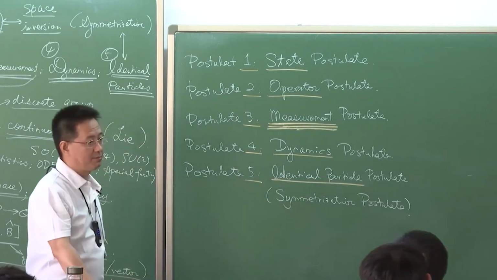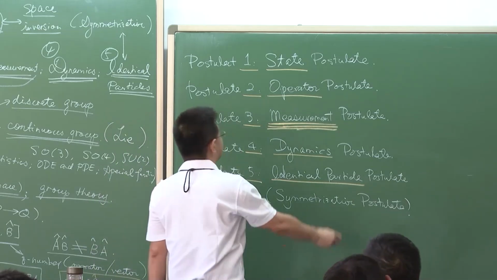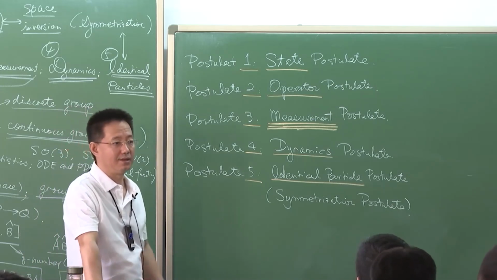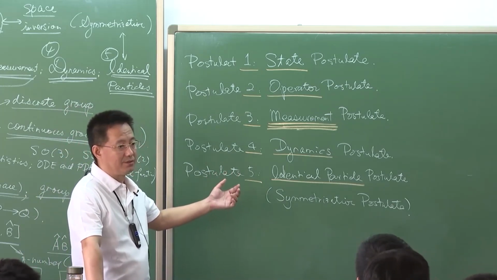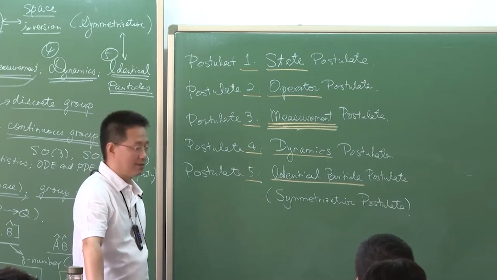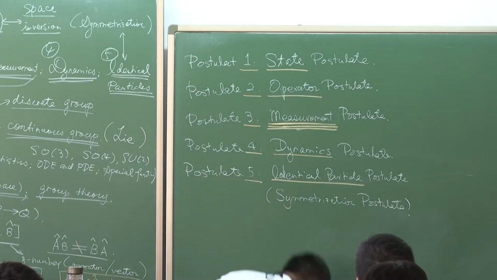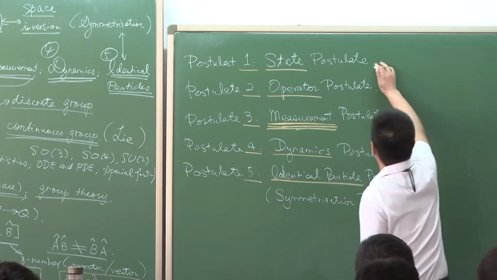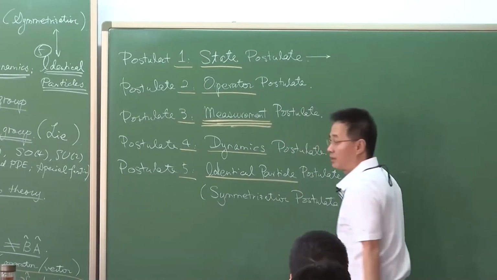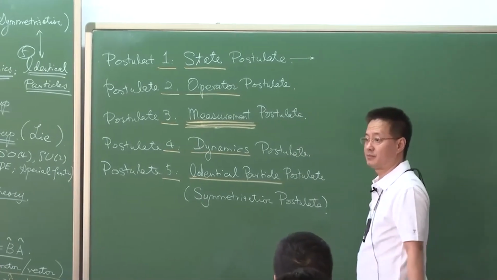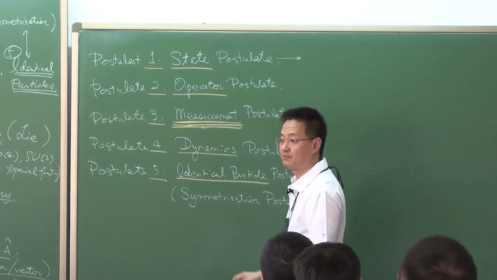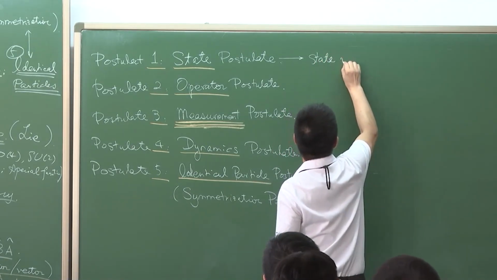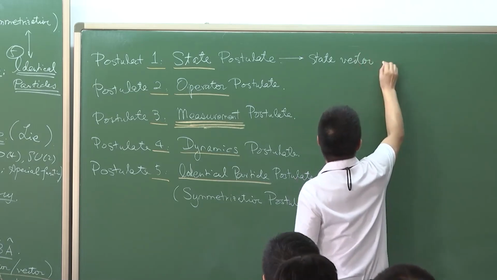And sometimes people like to combine the first 2 postulates into one postulate, called the state or the vector operator postulate. Actually, the first postulate means that every microscopic system is described by a state vector in Hilbert space.